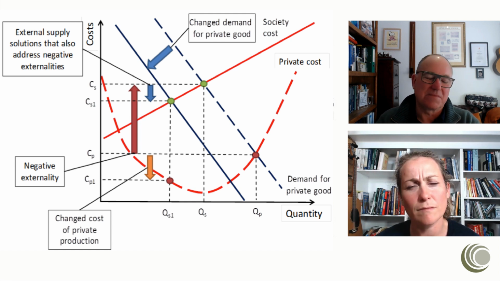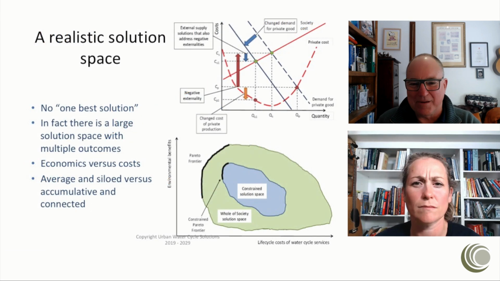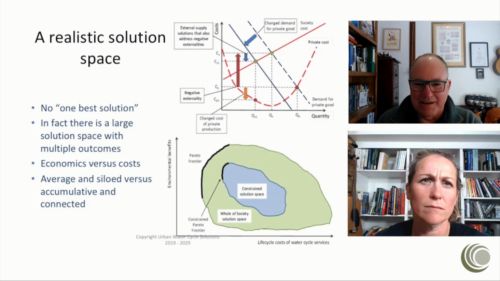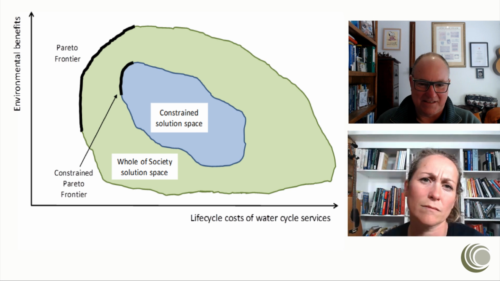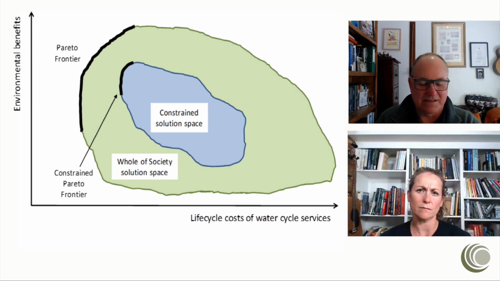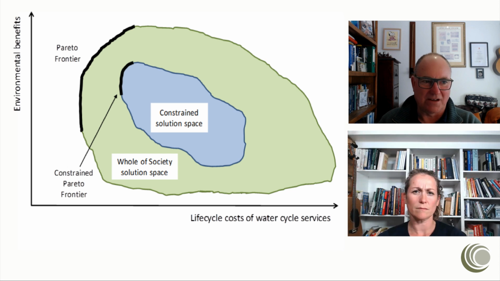But if we use systems thinking, we are counting this because these things are real. And if we go down to the bottom blob, as I call it, it was a conclusion out of my PhD. One axis, the vertical axis, is environmental benefits, and the horizontal axis is life cycle costs of water cycle services. That means all the services provided by water, not just water supply out of your tap.